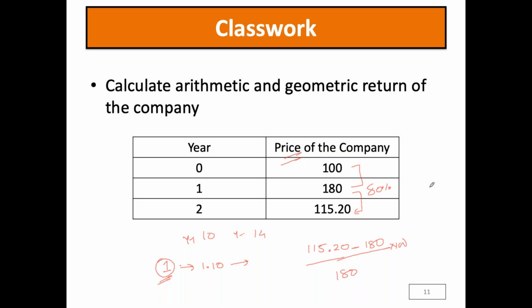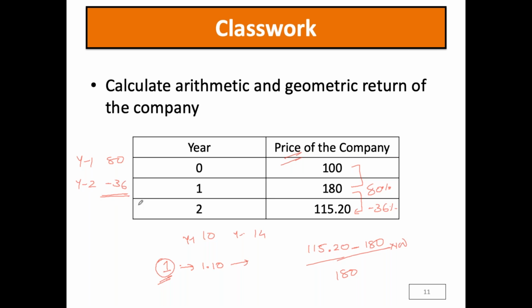My second year return, from 180 to 115.20, is minus 36. Okay, common answer. So I can now easily list down that my year one return is 80%. Year two return has been minus 36.